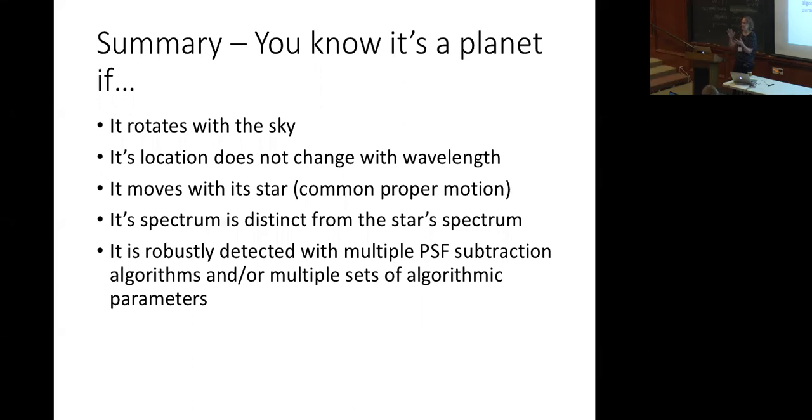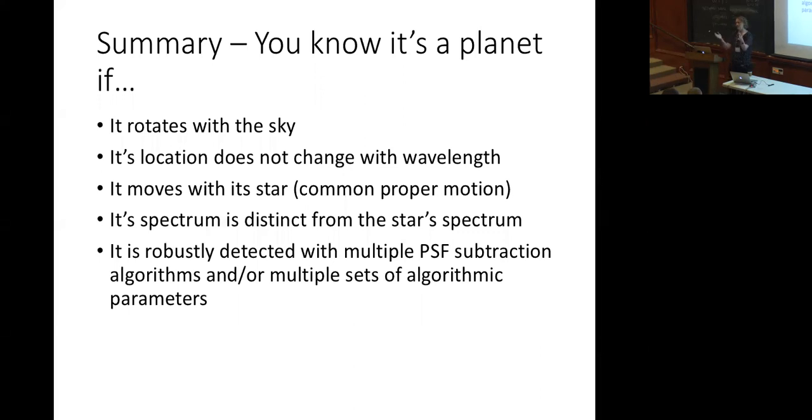The common technique with disks that lets us validate structure is polarized differential imaging, which is very complementary. Structures that we see in polarized light, which is scattered light from dust grains, if you see those in polarized differential imaging and also in the aggressively processed images, that's an additional validation.